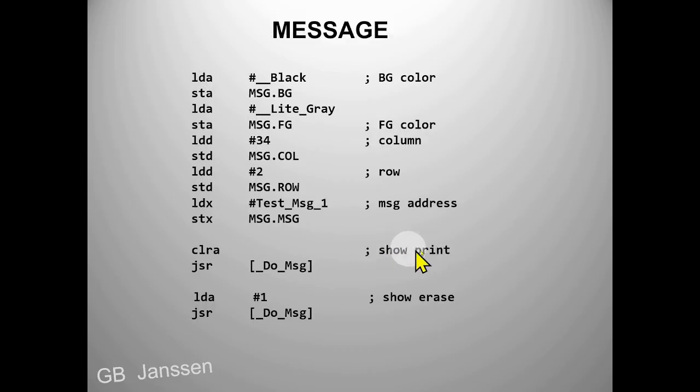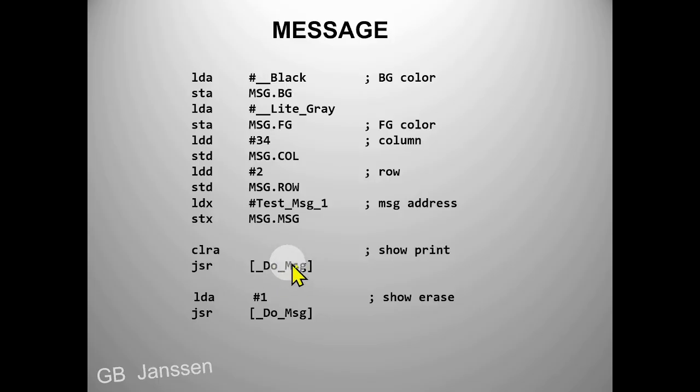Okay, what A is, you can load 0 or clear A. It's just quicker. The parameters passed to all the feature functions we're going to look at are passed in register A. So if it's a 0 in A, we do a jump subroutine, do message, and you'll get all these addresses and where they're equated at coming up.